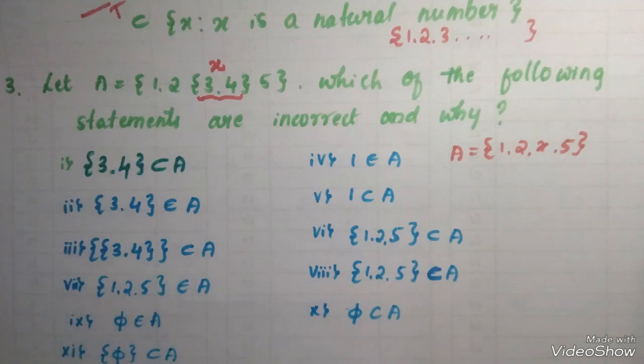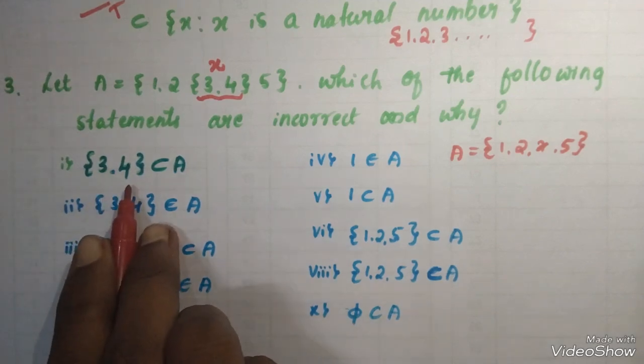This is the set. Now we check the condition. Which of the following statements are incorrect and why? We have to check whether each statement is correct or incorrect and give the reason.